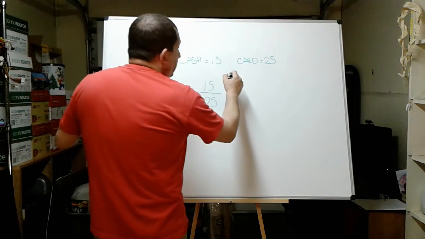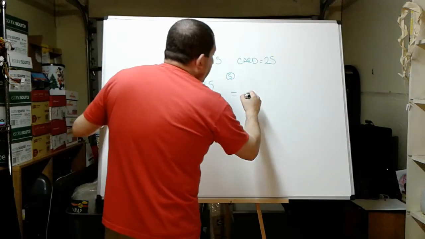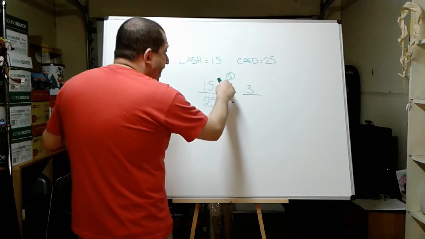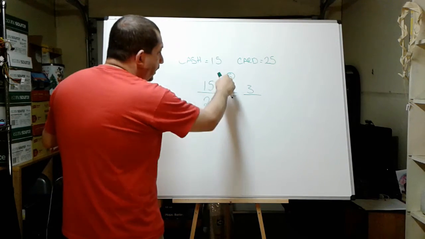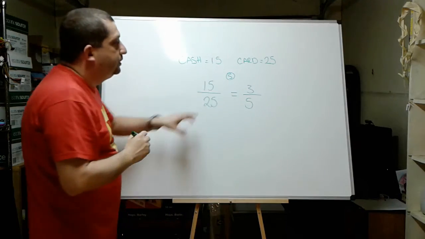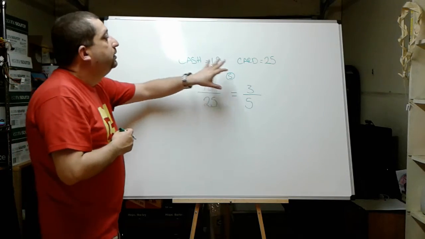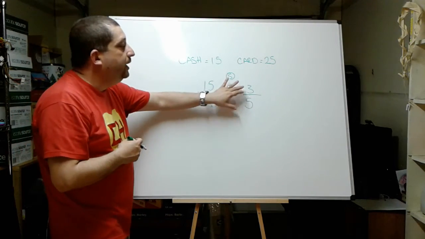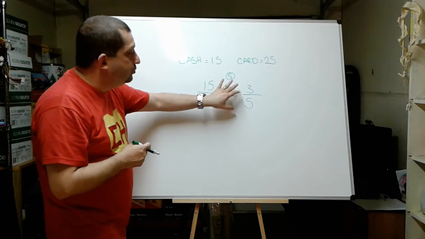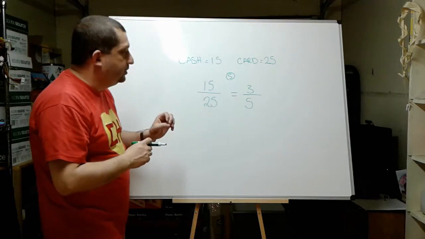If I take the 5 to reduce this, the 5 will go into the 15 3 times, and the 5 will go into the 25 5 times. Okay? So now we can tell, my friends, that the ratio of cash to card transactions is 3 to 5. So for every 3 cash transactions, there are 5 card transactions.